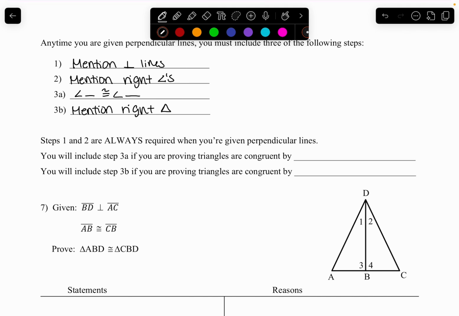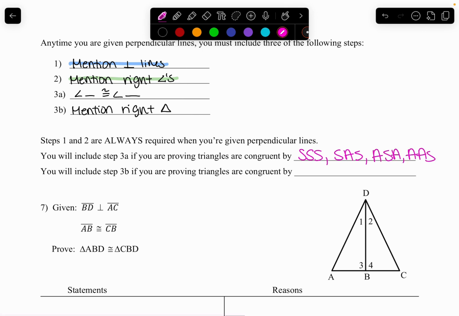So no matter what, you have to mention that you have perpendicular lines, and then you have to mention that you have right angles. You will only include step 3A if you are proving your triangles congruent by any method other than hypotenuse leg. So for example, side isn't going to matter because you need an angle for that, but I'm going to mention it anyway: side, angle, side, angle, and angle, side.